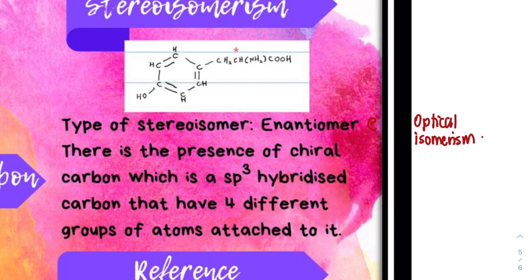So again for the chiral carbon ni, you have to label lah which one is the chiral carbon with a star. So in this case, this carbon is the one that is our chiral carbon. It is enough if you only label it as a star. There's no need for you to redraw ataupun draw the mirror image tu, there's no need. Only for the structure itself, you label it. Kalau optical isomer, the star one.